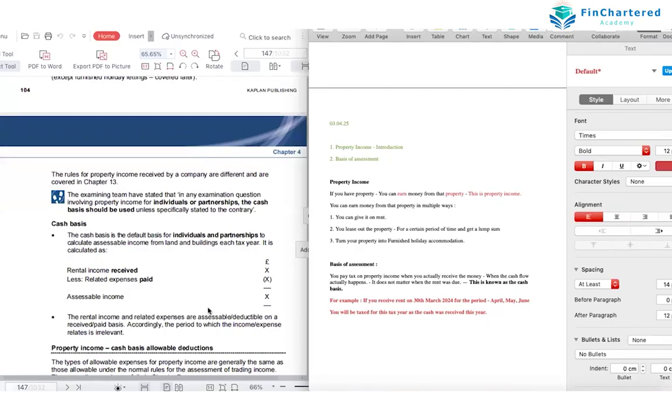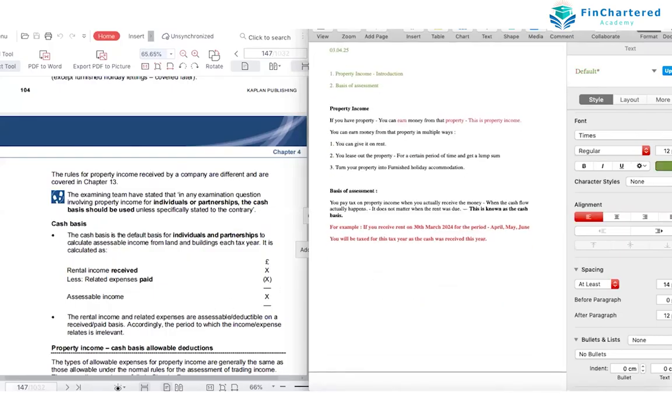How do you calculate the rental income? See, it's very simple. It's like a business. How do you calculate the taxable income for property? It's very, very simple. It's like doing a small trading business.